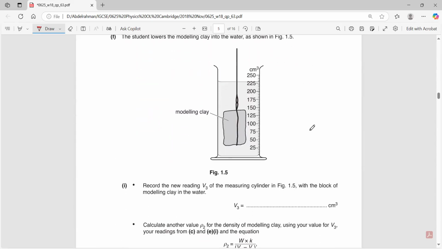Record the new reading V3 of the measuring cylinder with the block with the modern clay inside. What is the new reading? The new reading would be 230.